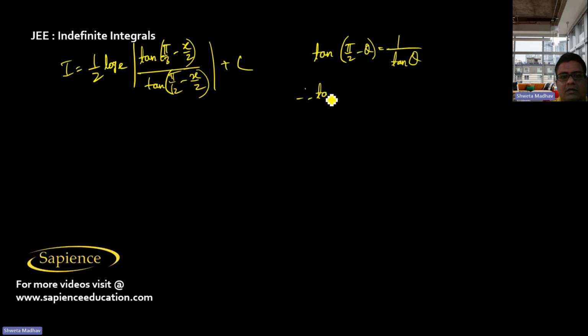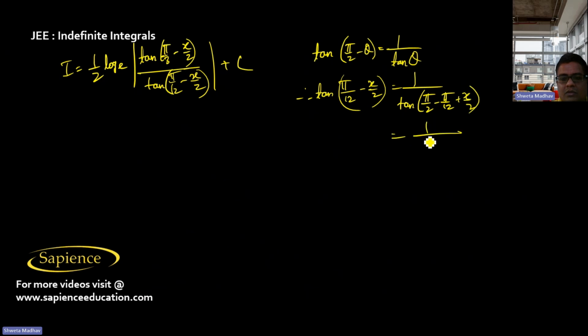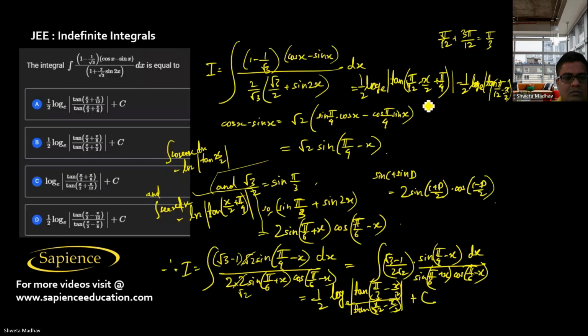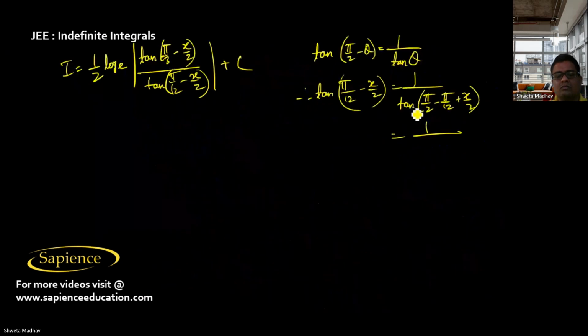So therefore this tan of (pi by 12 minus x by 2), I can say, is 1 by tan of (pi by 2 minus pi by 12 plus x by 2), which is nothing but 1 by tan of (5 pi by 12 plus x by 2).